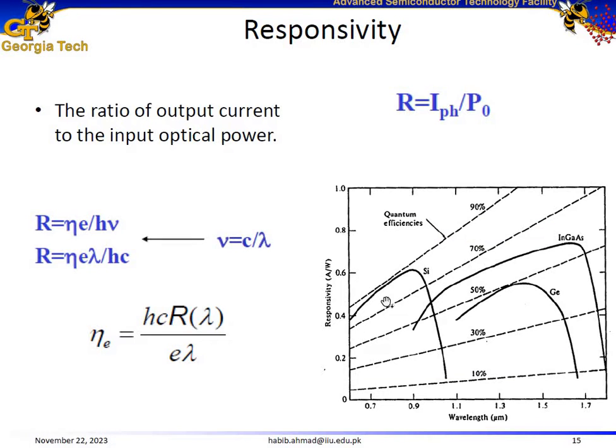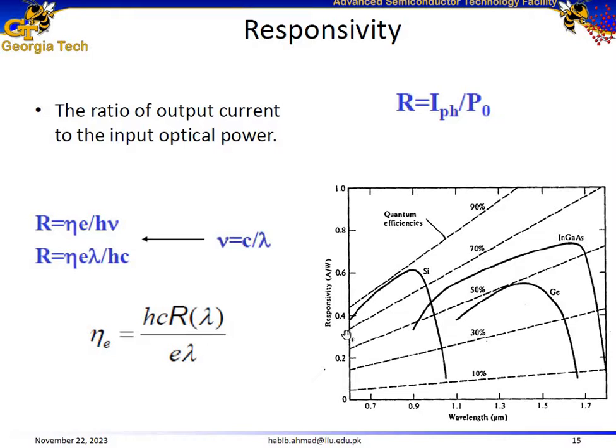Here we have responsivity curves for different semiconductor based photodetectors. We have the responsivity curve for silicon, for germanium, and for indium gallium arsenide. From the responsivity curves, we can also determine the spectral width of the semiconductors, like for example, the spectral range of photodetectors.